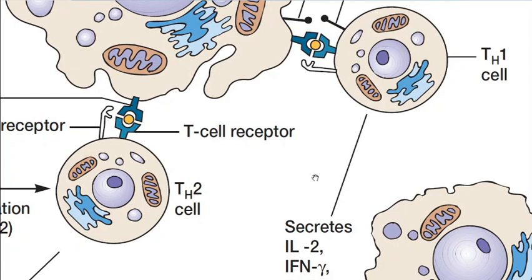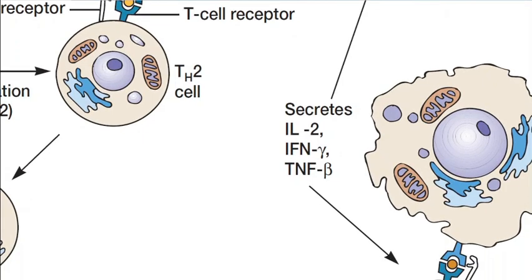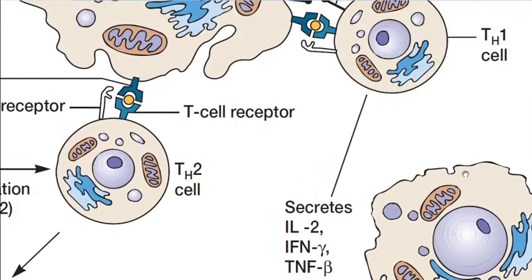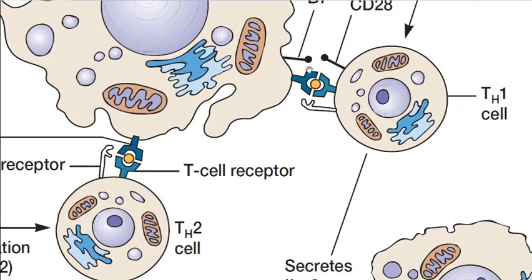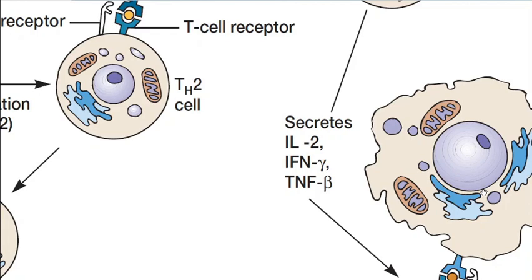Now the same APC cell, or any other APC cell that is infected by the virus, also contains MHC class 1. MHC class 2 is responsible for the activation of the Th1 cell, but MHC class 1 is also present in the APC cell.